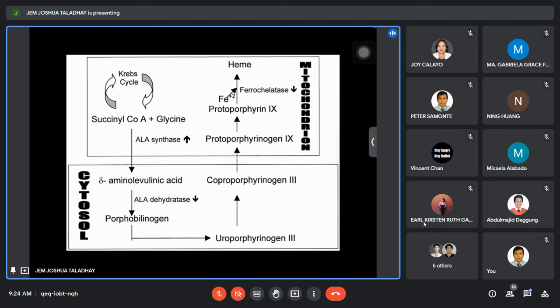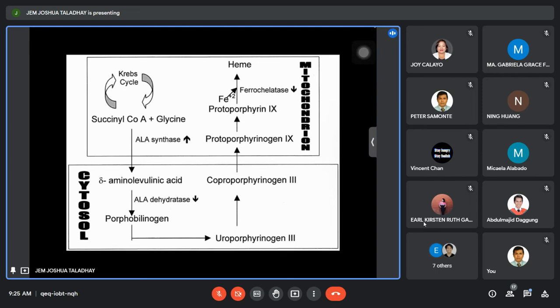So this protoporphyrinogen 9 will go back inside the mitochondria where it would be acted upon by a protoporphyrinogen oxidase to form the protoporphyrin 9. So this protoporphyrin 9 will be acted upon by the ferrochelatase, or it is also called the heme synthase, where this is also the step where iron is added.